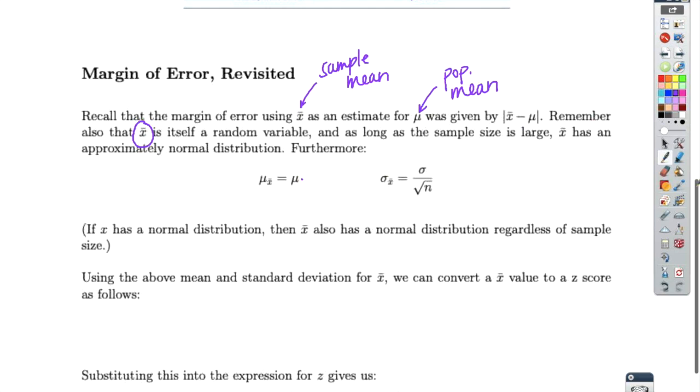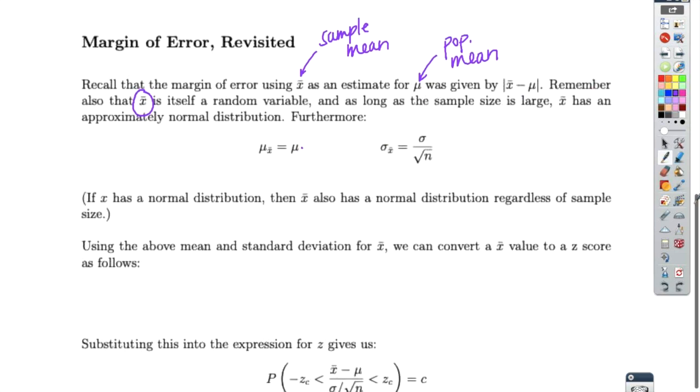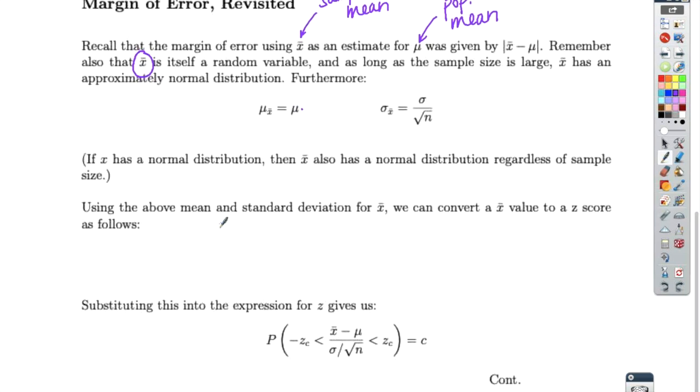So, using those, we can convert x bar into a z-score, and we've already done this, this is not new. Remember, the normal formula is just x minus mu over sigma, but now we're going to plug the formula for the mean in here, and the formula for the standard deviation in here.